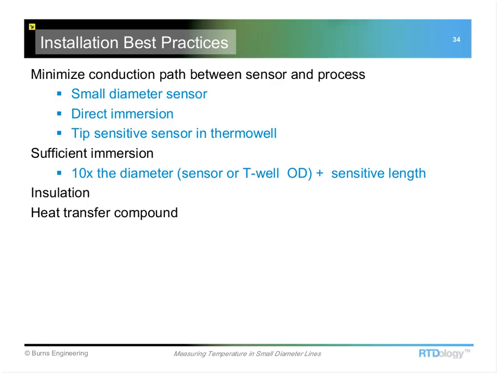But for example, in a 1/2 inch line with a short outlet T, I think the minimum sensor length that we found that works well is 1.1 inches. And that'll span just about the full diameter of that 1/2 inch run when it's installed in a short outlet T. Right.